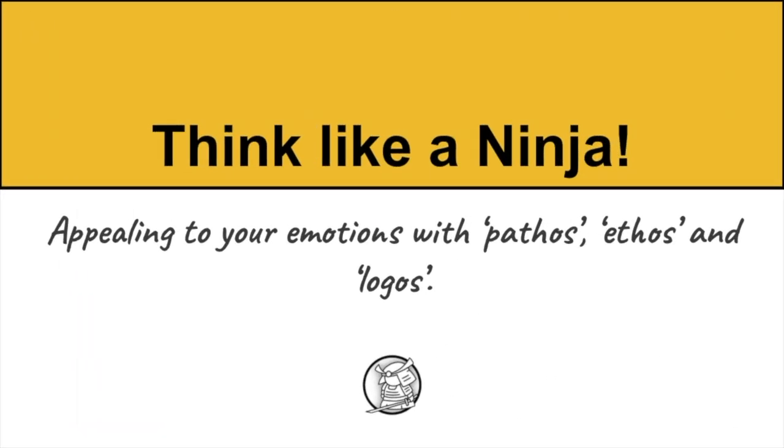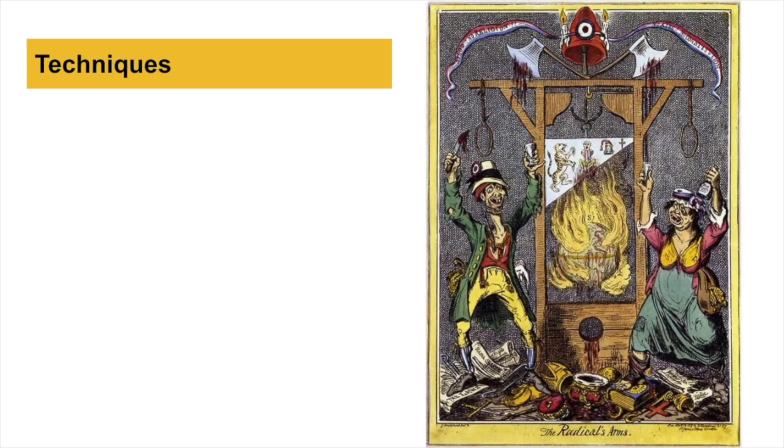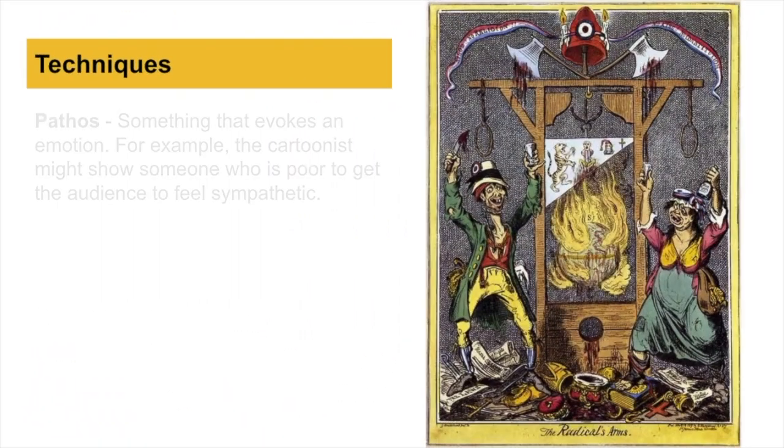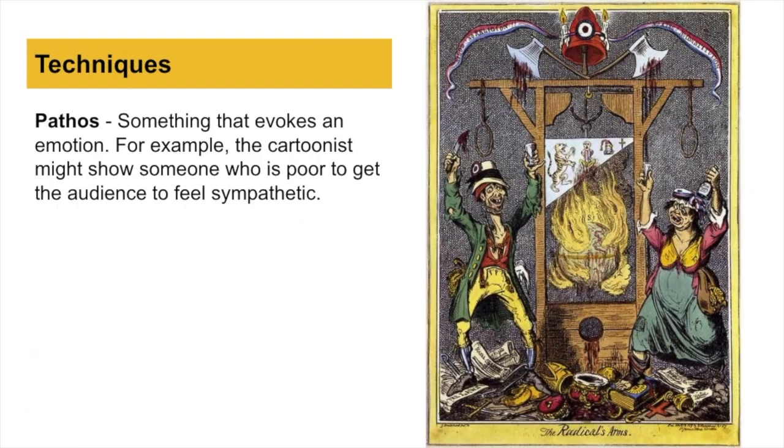So now it's time to think a little bit more like a ninja, right? Get a little bit deeper in our thinking. We're going to talk about how cartoons might appeal to your emotions or your logical senses. These are referred to as rhetorical devices, and they're used to persuade you. We've got pathos, ethos, and logos. What are they? Pathos is something that evokes an emotion in the viewer, right?